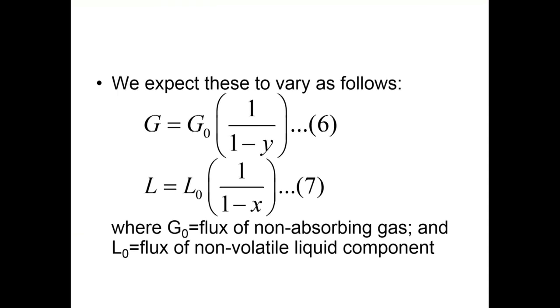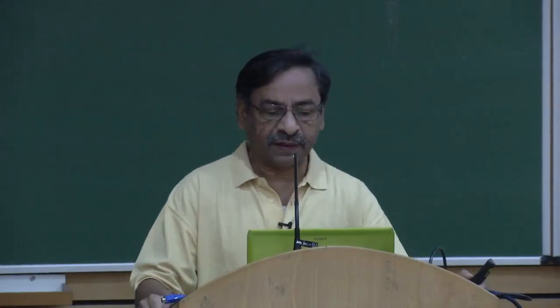Therefore, for G0, the constant or non-varying molar flux of the insoluble gas, the total ought to be greater than G0. So, G is equal to G0 divided by this fraction 1 minus y, smaller than 1.